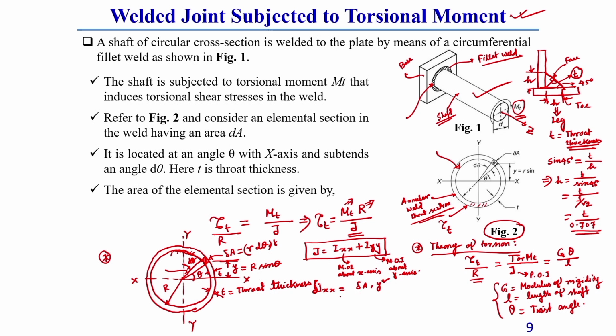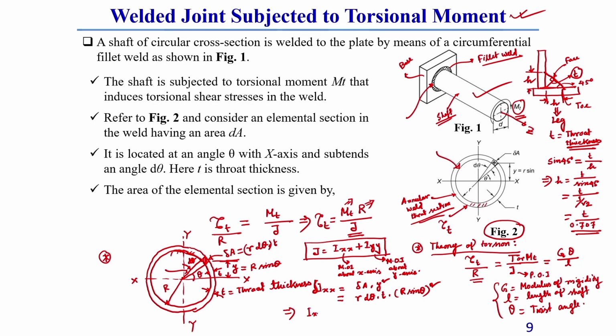So, here delta A I am writing as r d theta into T, and y square is r sin theta square. So, what will be the total Ixx?